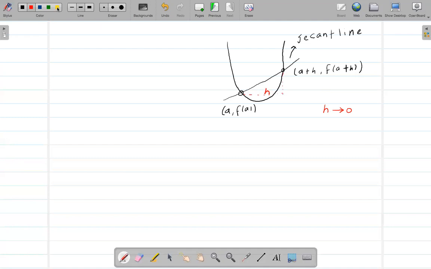So we are going to get a line that just touches this one point. If h goes towards 0, we get a line that touches just once here at one point. This kind of line we call a tangent line.